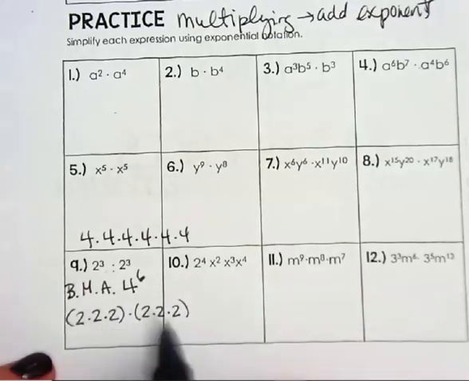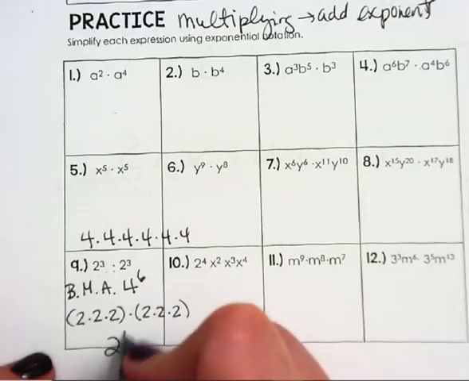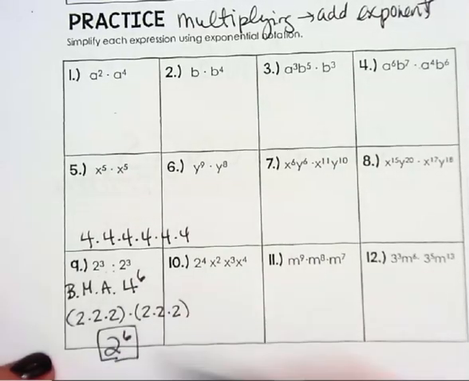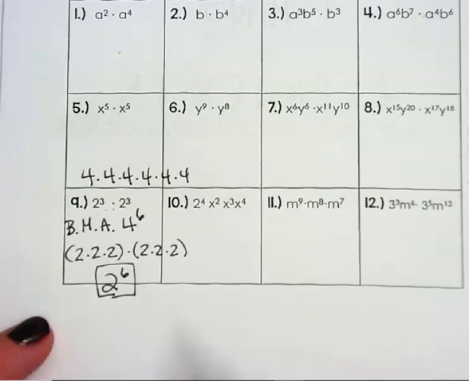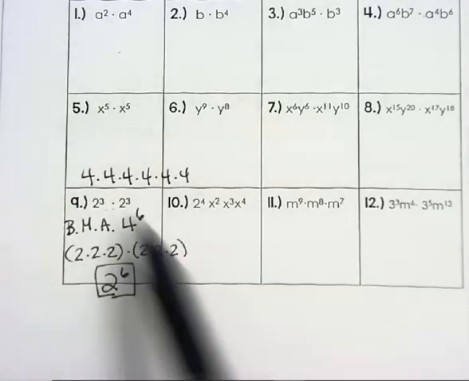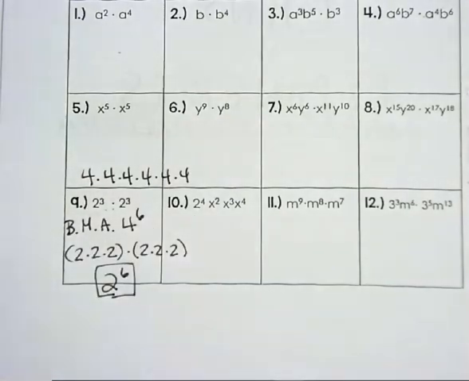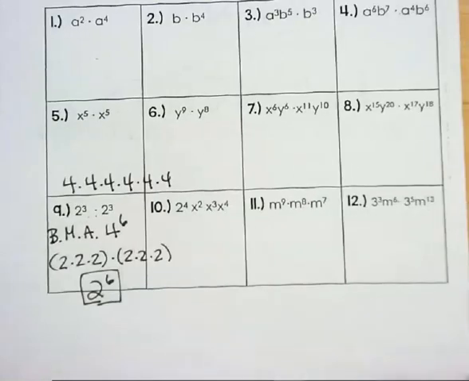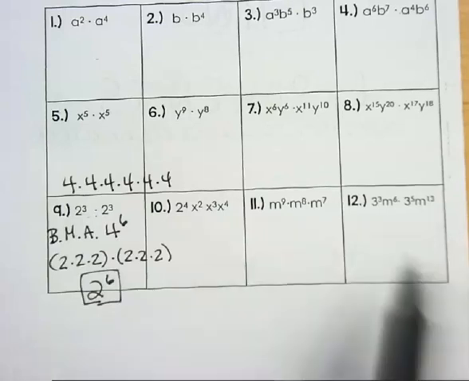So what I really have 6 of is 2s. So it's 2 to the 6th. So anytime we're doing exponent rules and your base is a number, remember, you're not doing math on the base. You leave the base the same, and you're doing the math on the exponents only. And then I'll let you try the rest of those yourself.